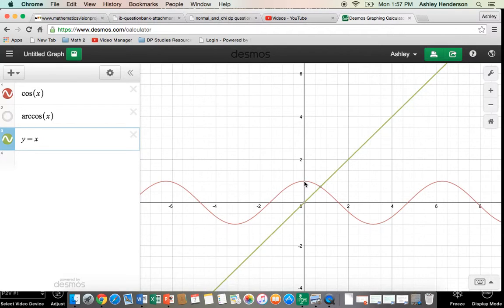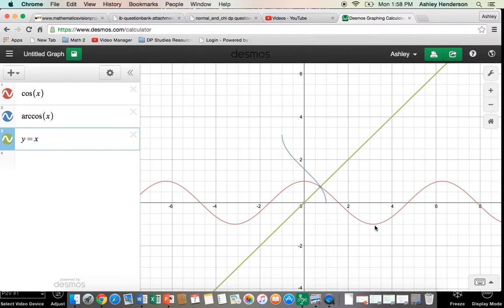I think the computer does it from here to here, so from maximum to minimum. Let's look and see. Yes, that's exactly what they do. Here they have the point (0, 1) that corresponds to this (0, 1).